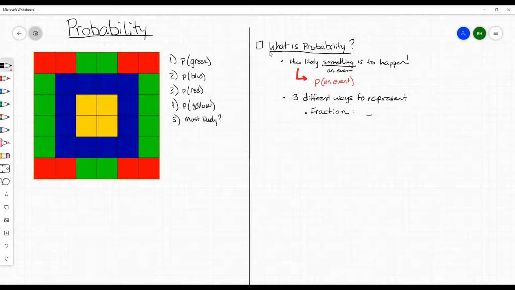And that fraction is going to be written as the number of things we want to happen. So in this case, let's say we want green tiles to happen. So the number of green tiles we want over the total number of options.